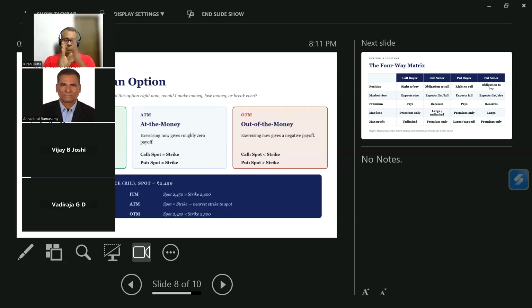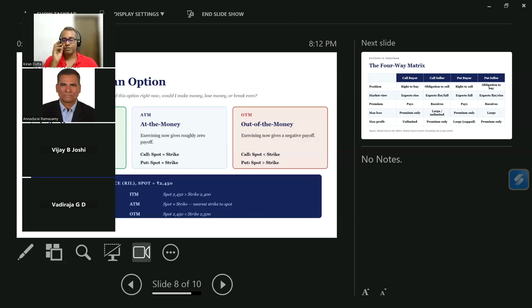Is my spot price greater than my strike price? Yes. In the case of out of the money, what is going to happen? My spot price is less than my strike price. So 1307 is less than 1340, right? Everyone clear on this? Yes.